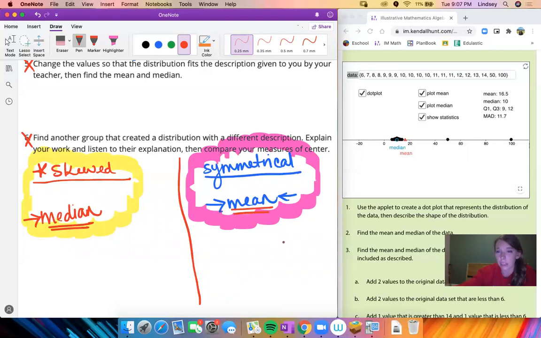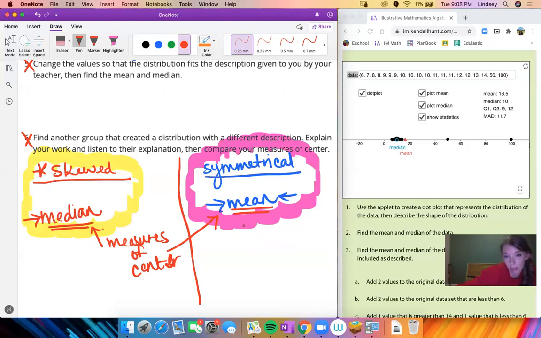Now, this wasn't anything we really talked about in this lesson, but these are measures of center. These are the two different measures of center that we talk about. They each have their own measure of variability that goes with them.